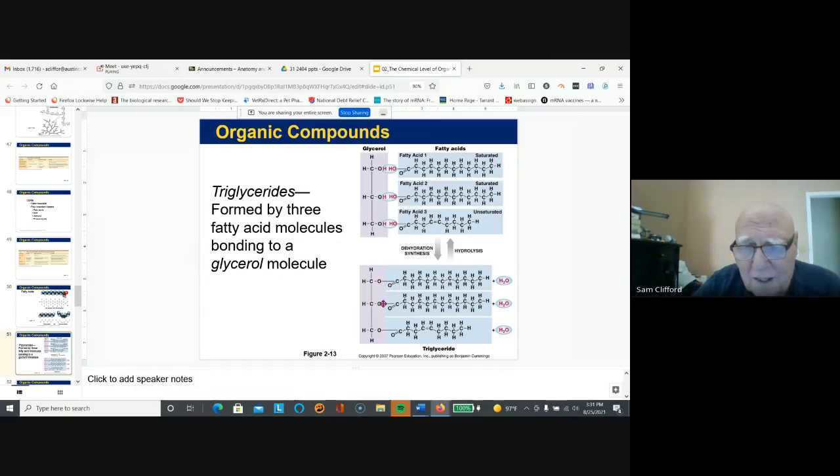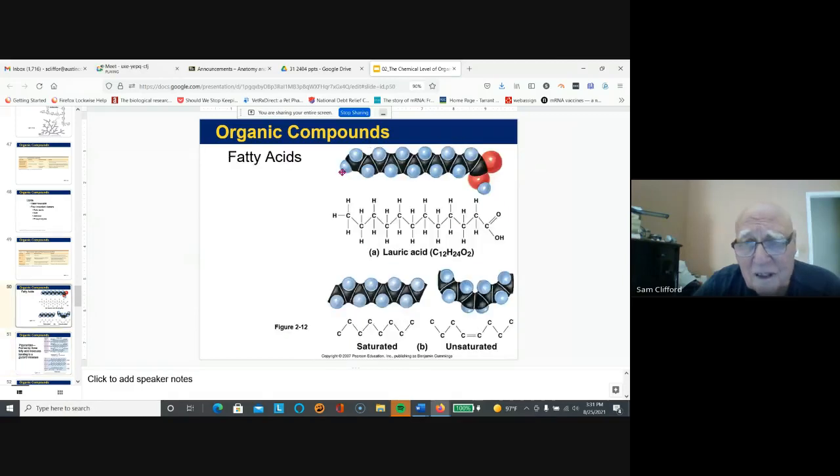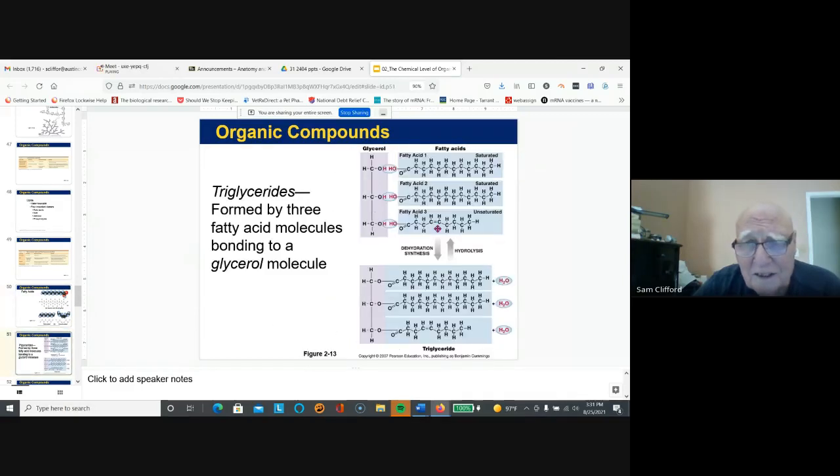So if you take 3 fatty acids joined to glycerol, that is a fat or a triglyceride. Dehydration synthesis removes water from the fatty acids and the glycerol, forms a new bond. You put 3 fatty acids on a glycerol molecule, that's a triglyceride. That's fat.